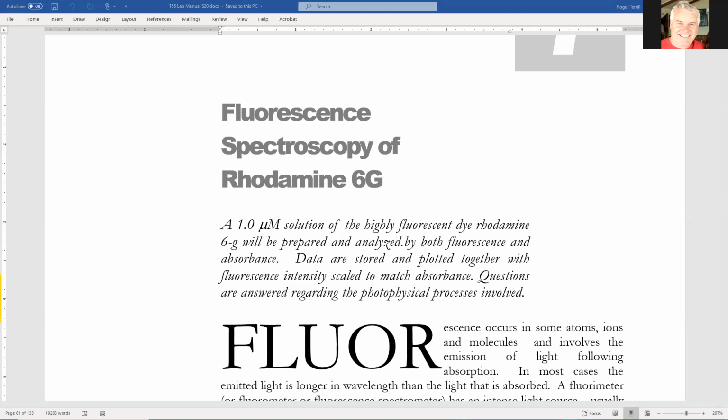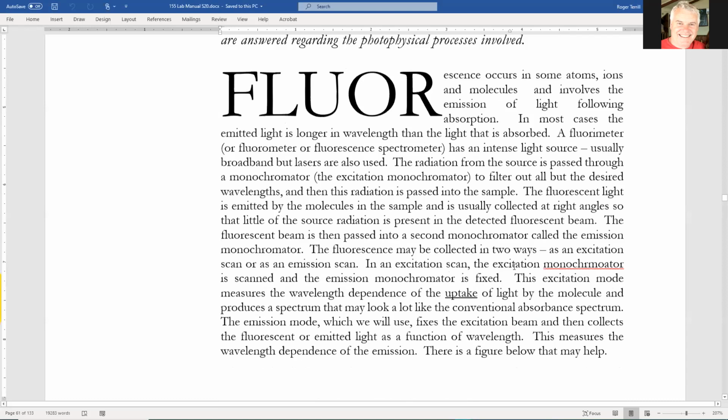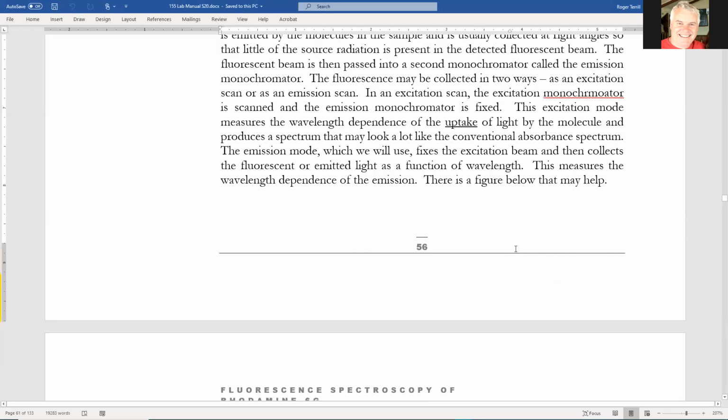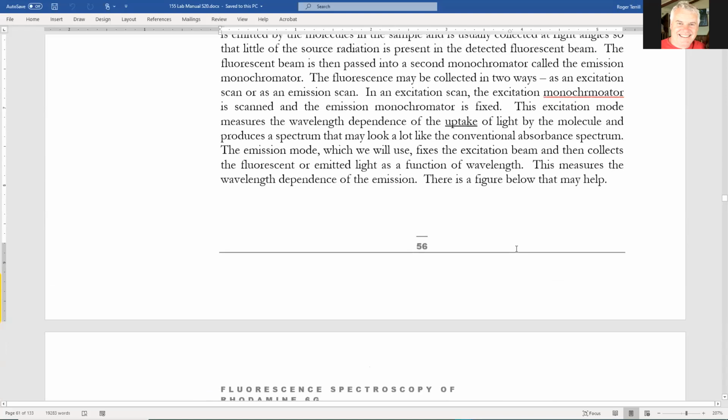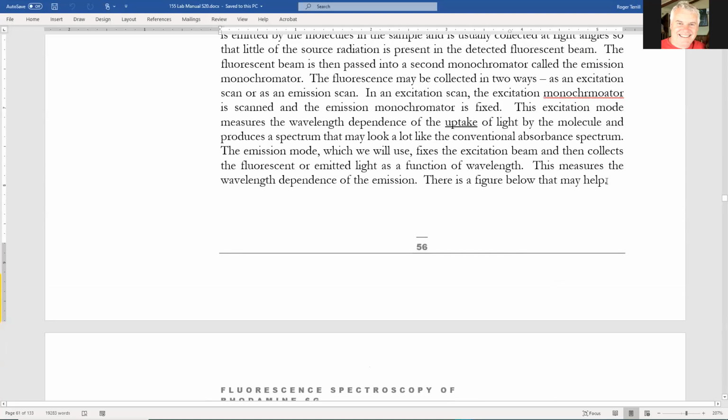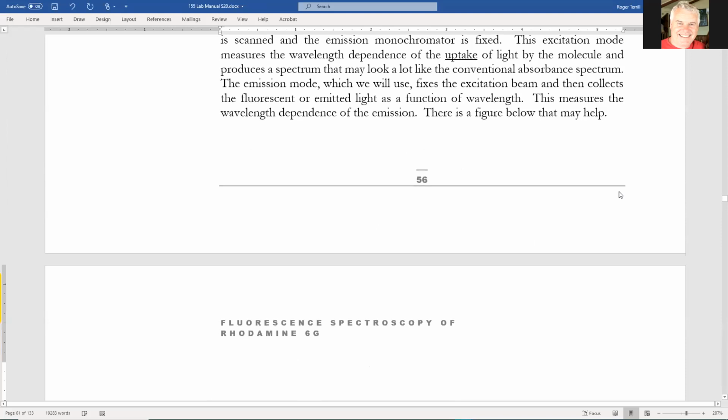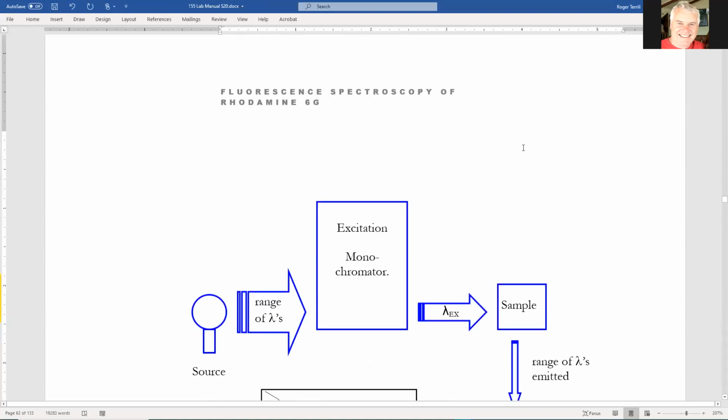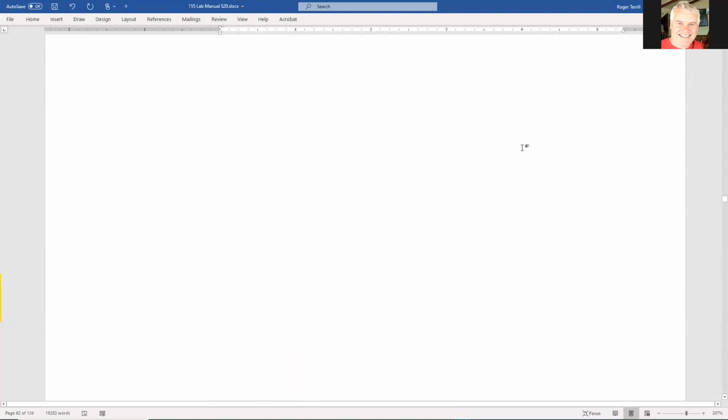So I would like to start this conversation off with a conversation about the electronic levels available in rhodamine and a lot of similar dye molecules.